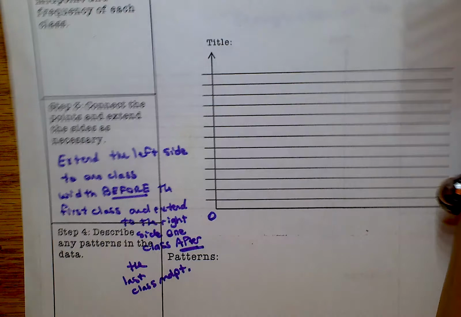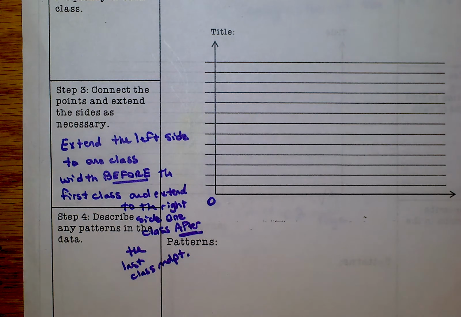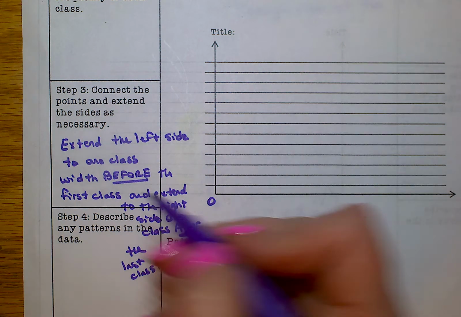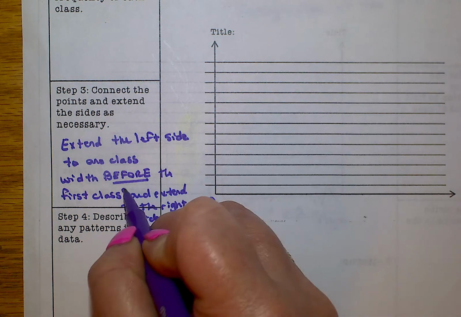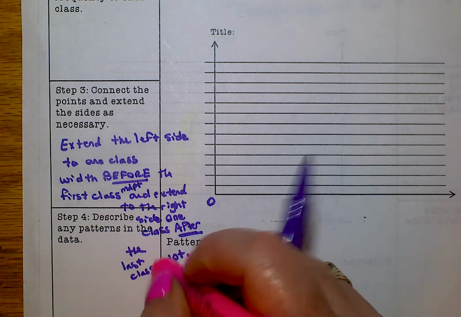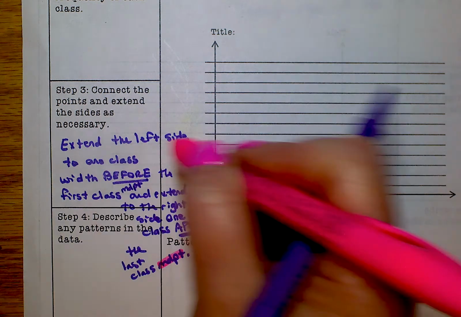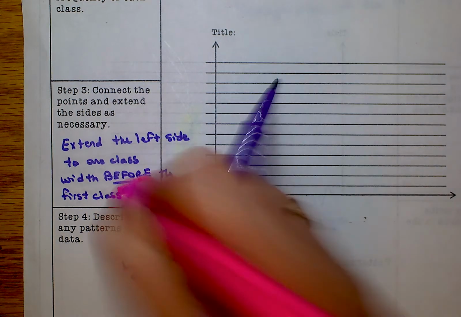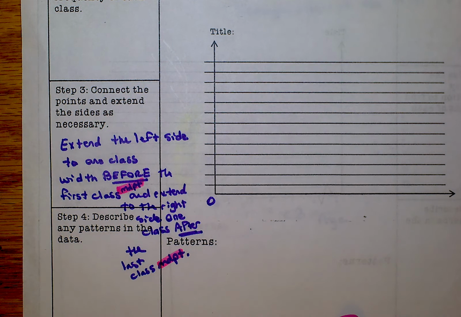So you want to extend the left side to one class width before the first class midpoint, and extend to the right side one class after the last class, and make sure you're doing midpoint. So remember, it needs to follow a pattern, okay? It needs to follow a pattern.